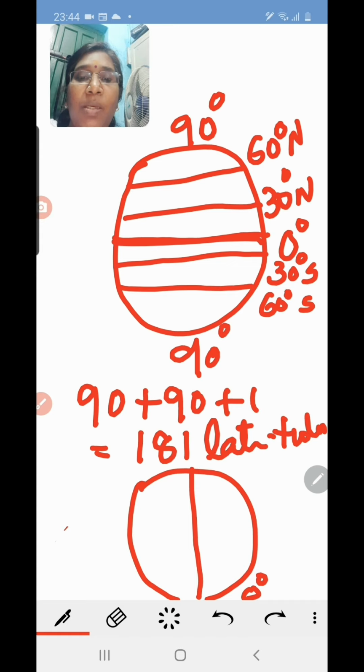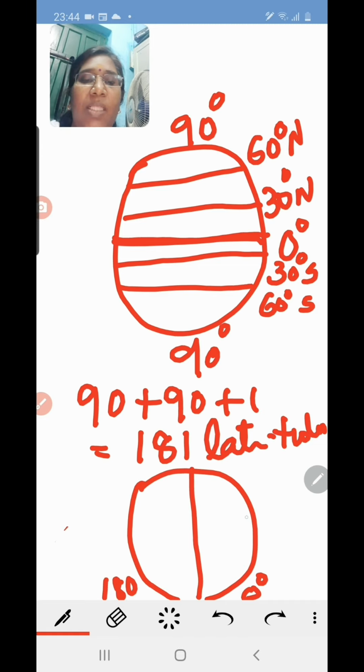From the prime meridian or 0 degree longitude till the extreme in the western hemisphere, there are 180 meridians, and in a similar way from the prime meridian to the eastern extreme also there are 180 longitudes.